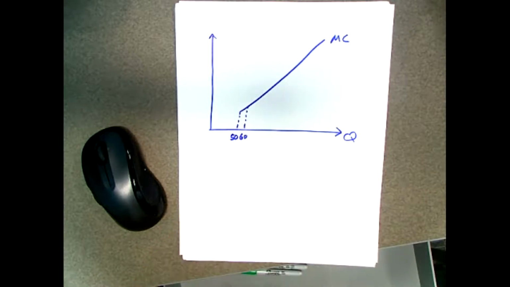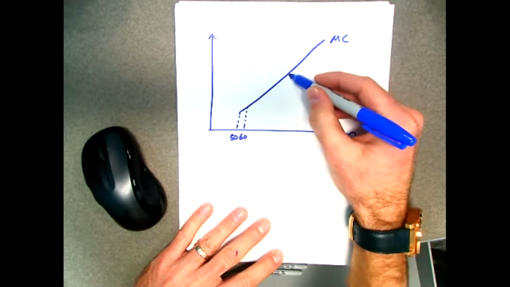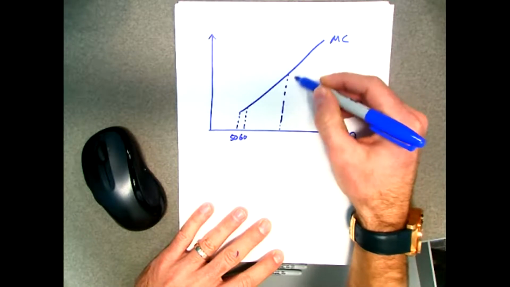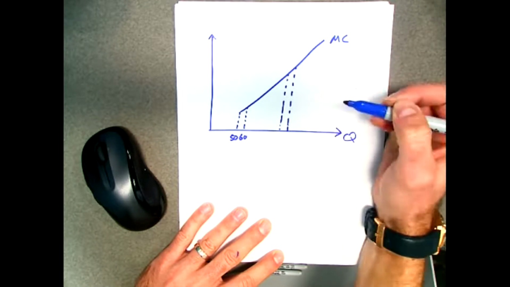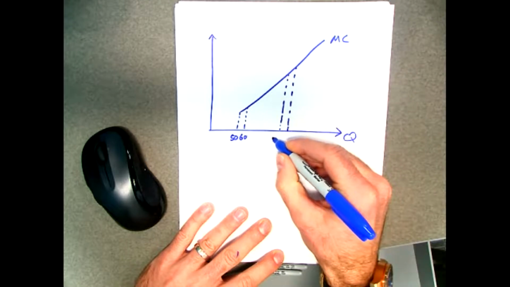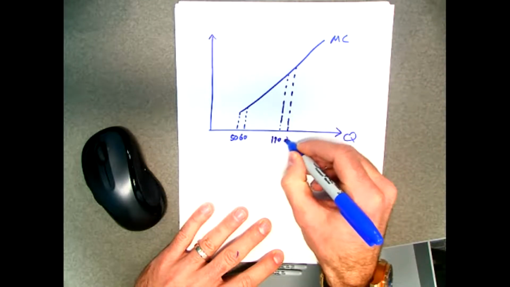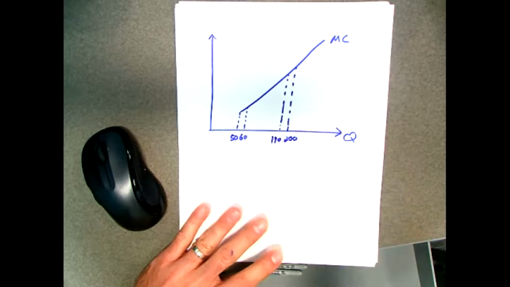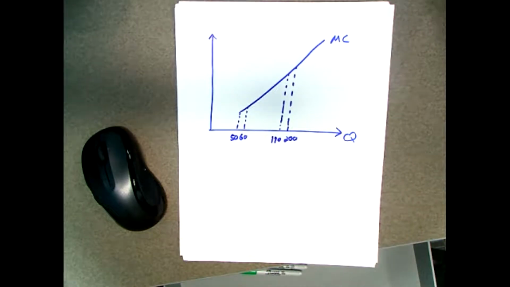Reflecting that, maybe going from 50 to 60 units, I only had to hire one worker. Their marginal product was 10 units, right? That one worker could make all 10 units themselves. And so it was just the wage of one worker. But then, if I'm looking at higher quantities, maybe going from 190 to 200 units, at this point I've exhausted all the very efficient workers.